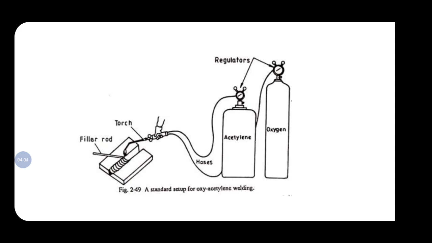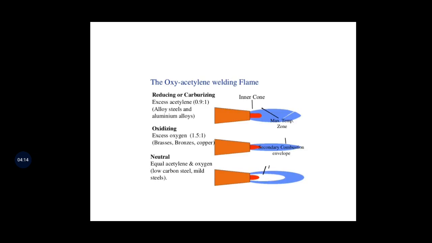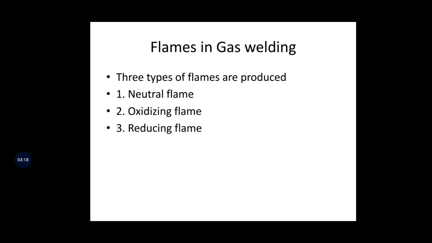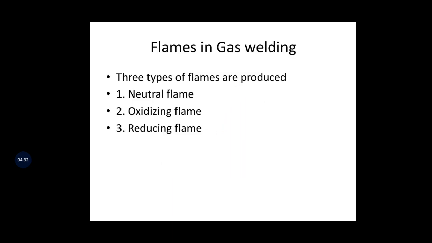Here, we get 3 different flames: neutral flame, oxidizing flame, and reducing flame. What is a neutral flame? It depends on the proportion in which you mix oxygen and acetylene. If you mix 1 part of oxygen and 1 part of acetylene in the mixing chamber, you will get a neutral flame.